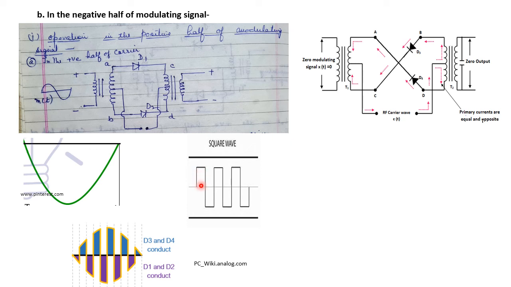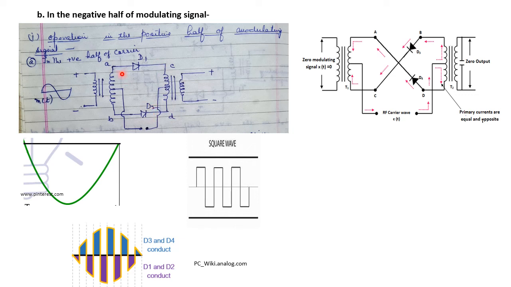Then we know that the diode D1 and diode D2 are in the conducting mode. So point A and point C are directly connected with each other, and point B and point D are directly connected with each other, because the diodes D1 and D2 are in the conducting mode.